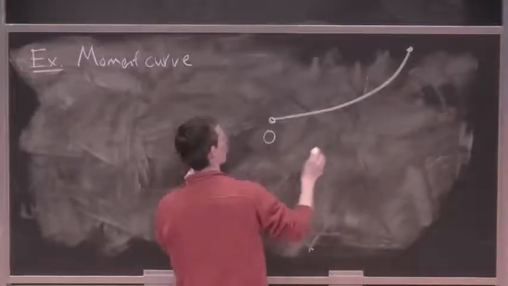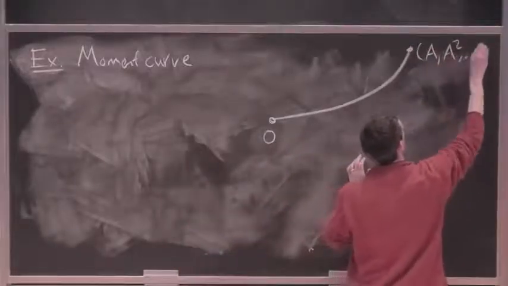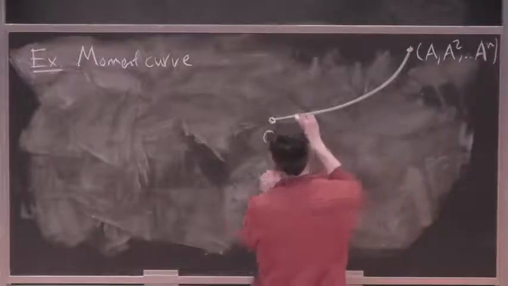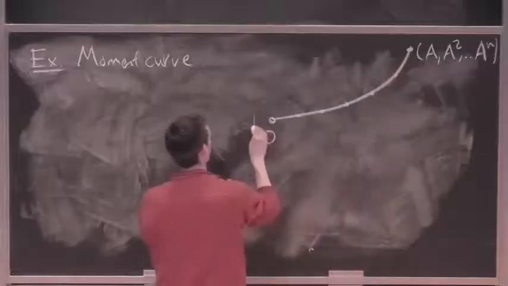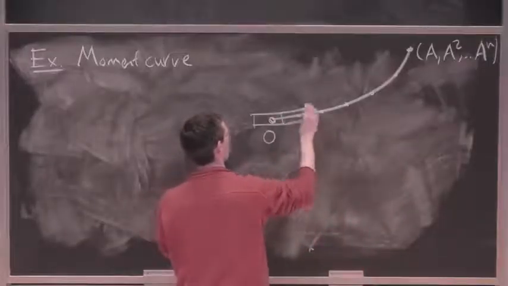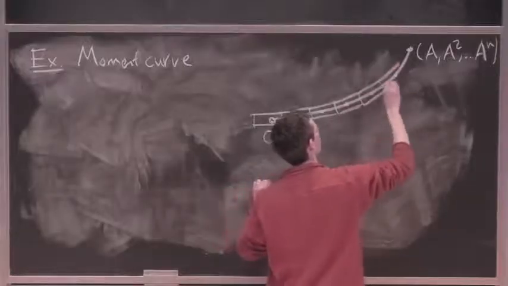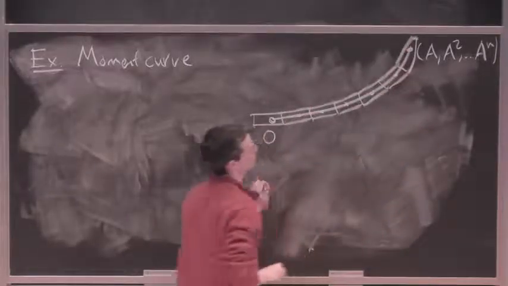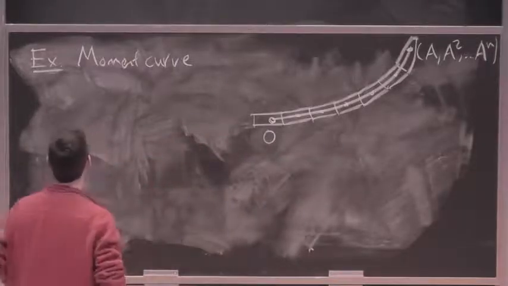Here we have the origin. Up here we have capital A squared, capital A to the n. And then we have capital A integer points going along here. And to make a decoupling theorem, we want to cover the moment curve by some regions, one lattice point per region. Those are my thetas.